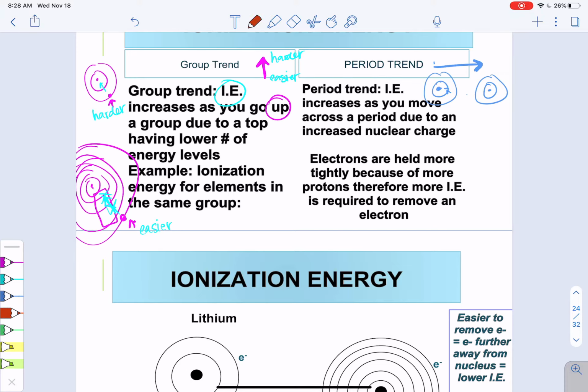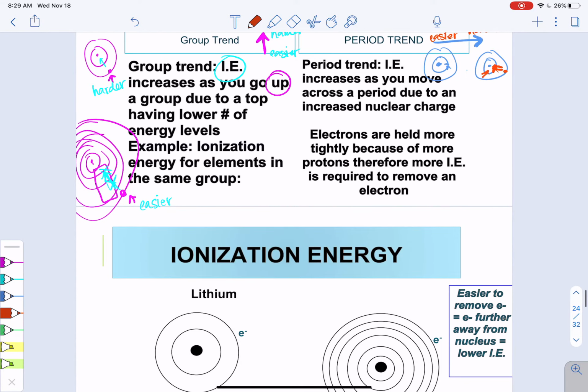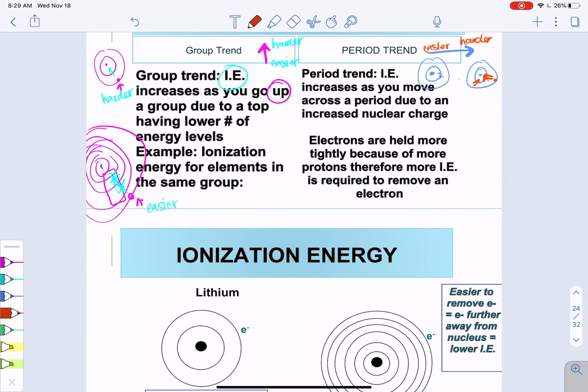So the ones on the right just have a greater pull. So these electrons are harder to remove and these are easier. So this means that the periodic table trend for ionization energy increases as you go across and up, okay?